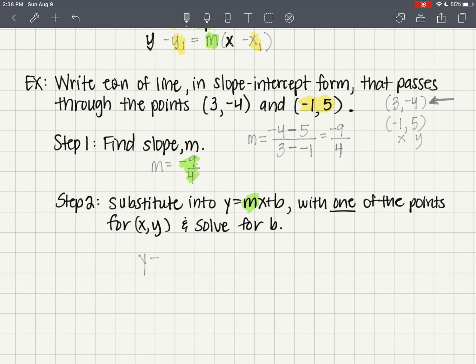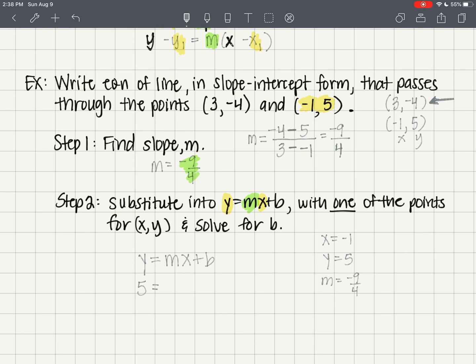So I've got y equals mx plus b, and in place of m, I'm putting negative 9/4. In place of x and y, I'm going to put negative 1 and 5. So x equals negative 1, y equals 5, m equals negative 9/4.